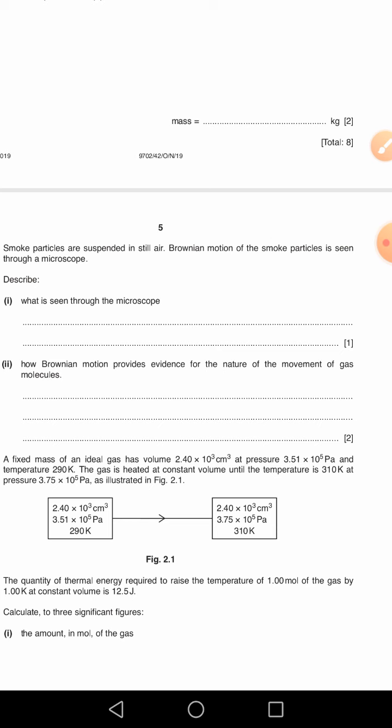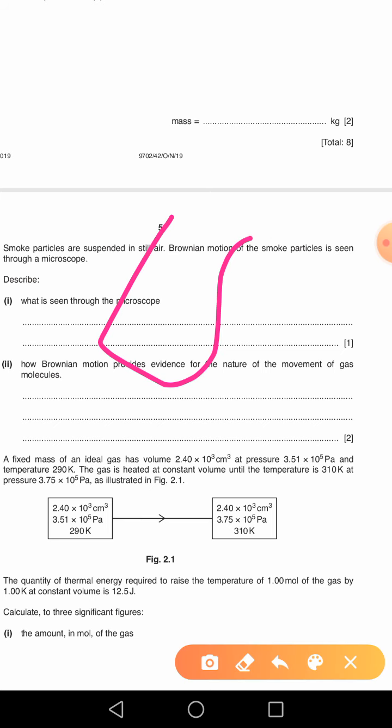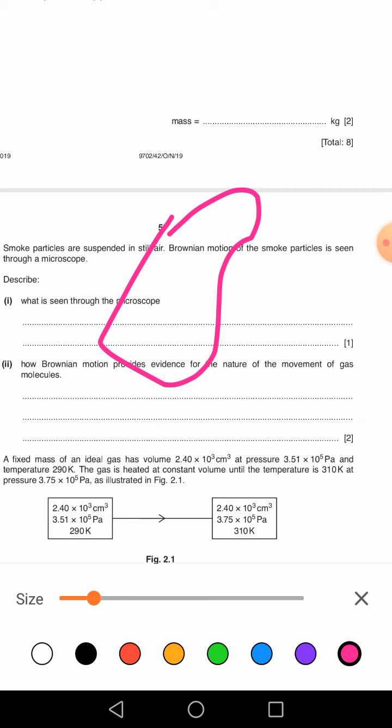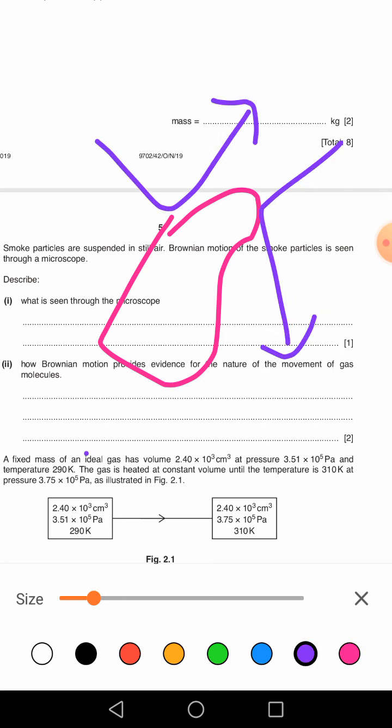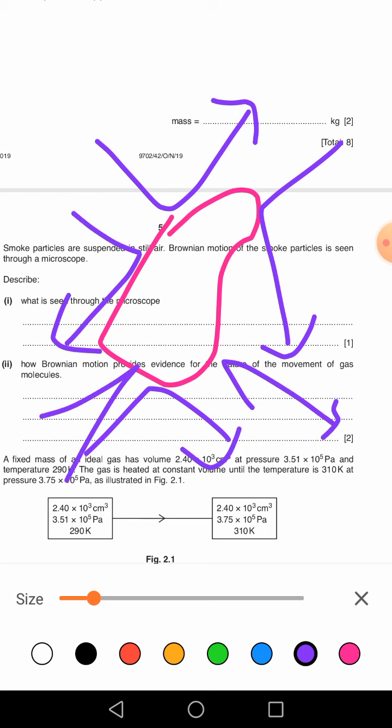And how does Brownian motion provide evidence for the nature of the movement of gas molecules? So you know that during Brownian motion, suppose this is a very large smoke particle. Smoke particles are hit from various sides by the air molecules.